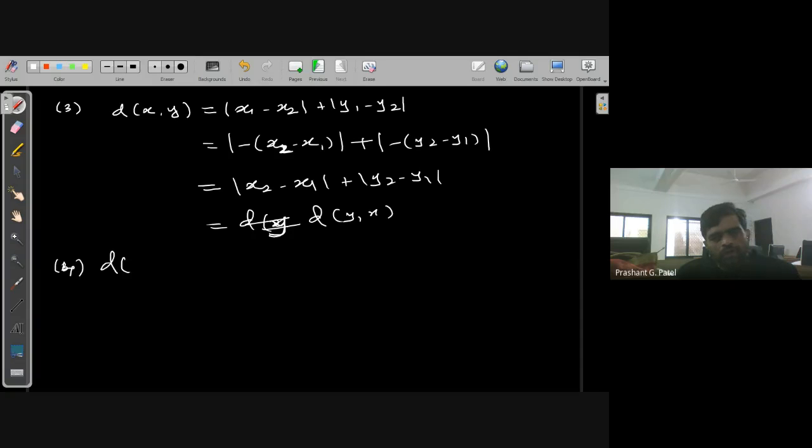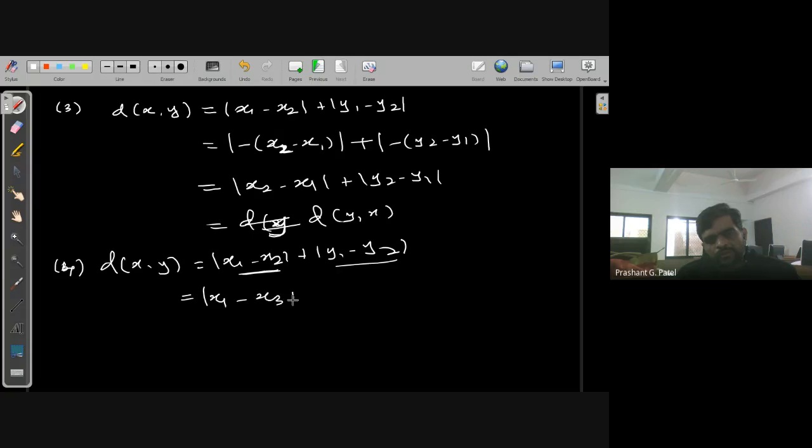Fourth condition: d of (x, y), I am starting with |x1 - x2| + |y1 - y2|. I am adding and subtracting z = (x3, y3) here. That is |x1 - x3 + x3 - x2| + |y1 - y3 + y3 - y2|.